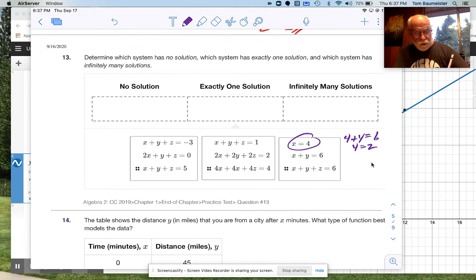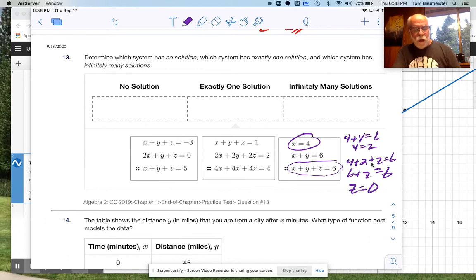And then since I have that, again, on this one right here, I can say that 4 plus 2 plus z is equal to 6. So 6 plus z is equal to 6, and z is equal to 0. So on that one right there, I can tell I have exactly one solution. In fact, I told you if I was to write it as x, y, z, I'd have 4, I'd have 2, and I'd have 0.